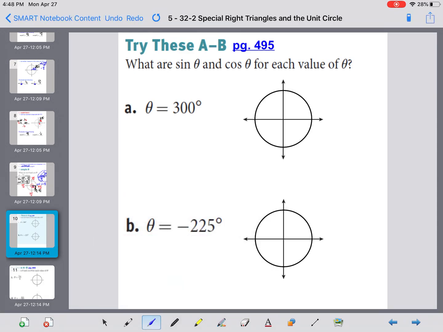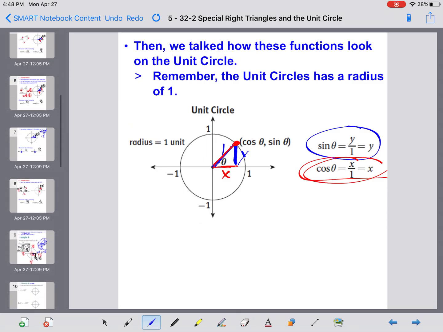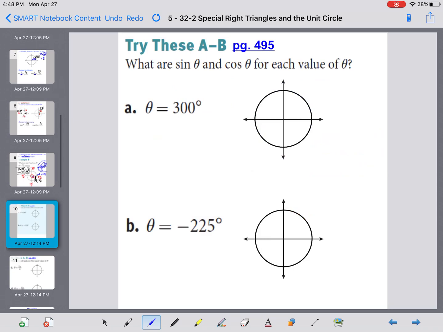Okay, so let's do this. For angle 300, we should have been able to find that angle 300 was in quadrant 4 down here. Sorry.